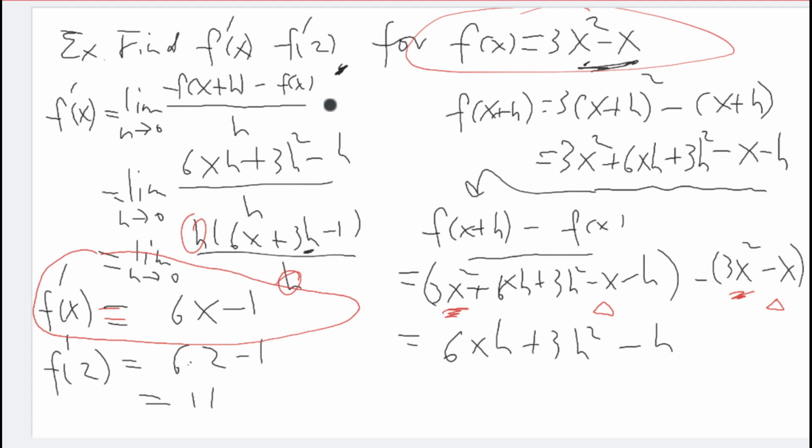You can call it a derivative function, or in geometry, a slope function. All right, so this is the derivative as a function. We're going to stop here.